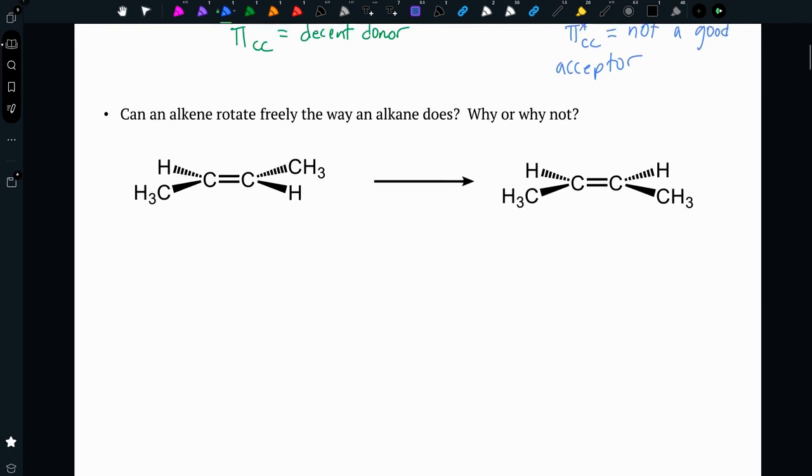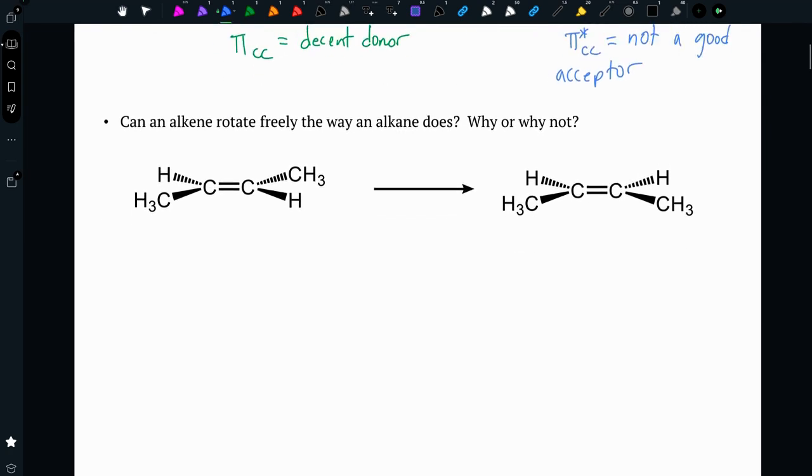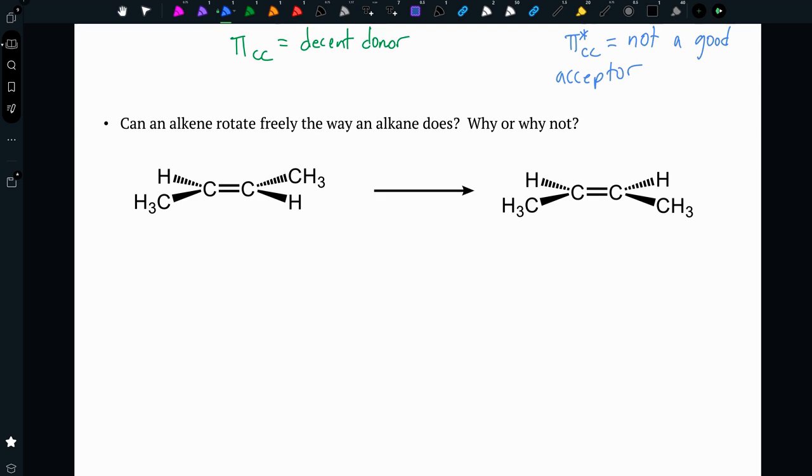One thing that you might recall if you did Module 7 is that these things can't rotate freely. And the reason is when we have that pi bond, we have overlap between our two p orbitals on the two carbons to make that pi bond.